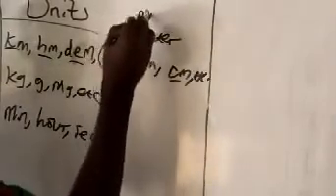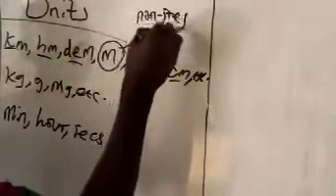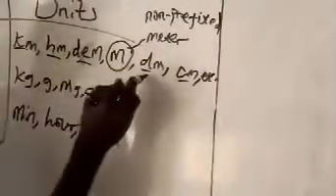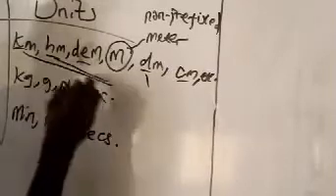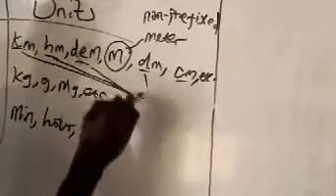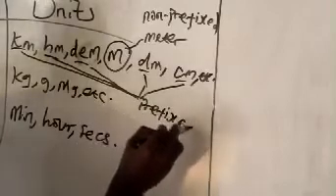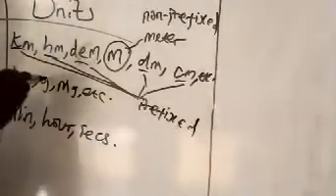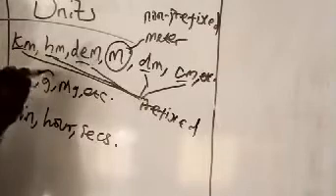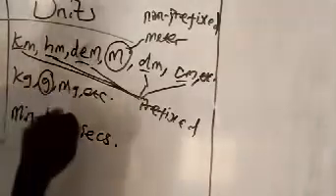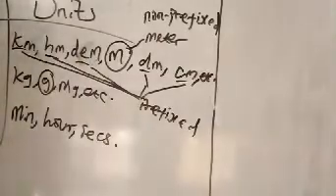It doesn't have a prefix attached to it. So these other ones that are underlined are prefixed units. It's the same thing here. For mass, the non-prefix unit is grams. The prefixed units are kilogram, milligram, etc.